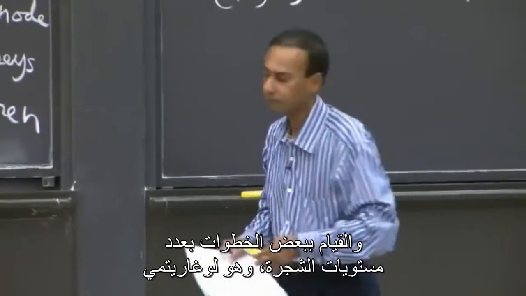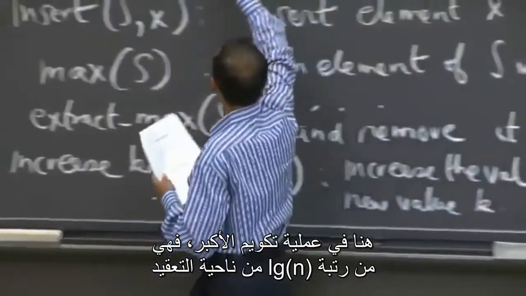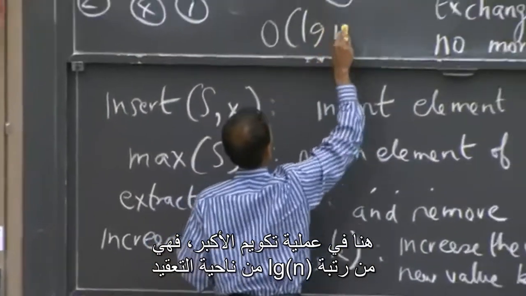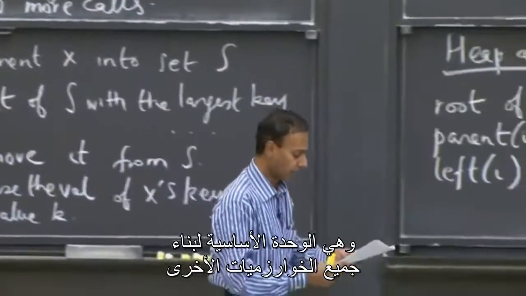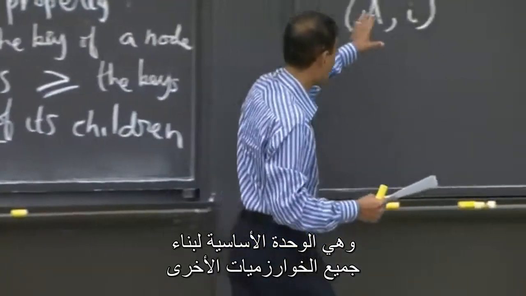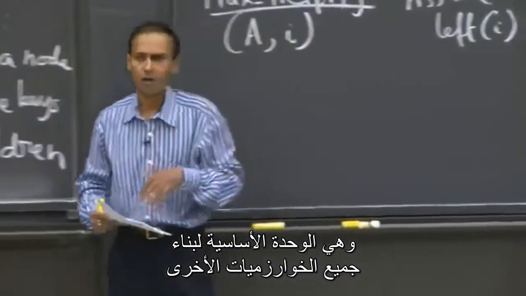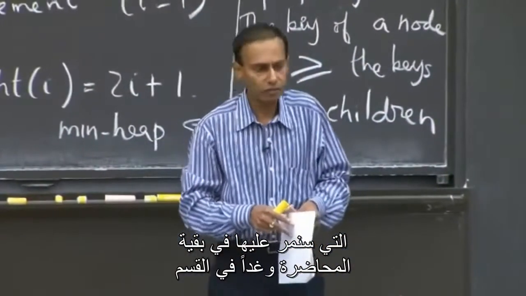So that's the story here with max heapify. It's order log n in terms of complexity. That's the number of steps that you have. And it's a basic building block for all of the other algorithms that we look at for the rest of this lecture and in section tomorrow.